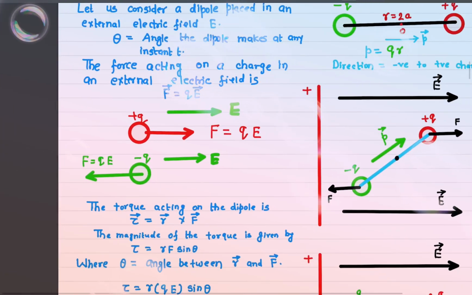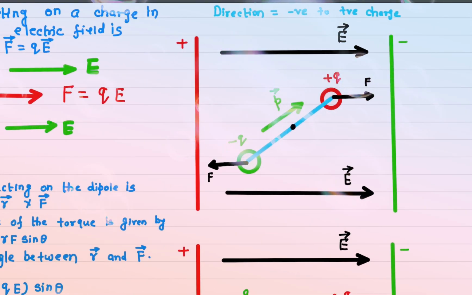So let's talk about exactly the same situation right here. This is a positive charge. As this is a positive charge, the force and the electric field will be in the same direction. This is the electric field direction, this is the force direction, and on the negative charge the force will be in the opposite direction.